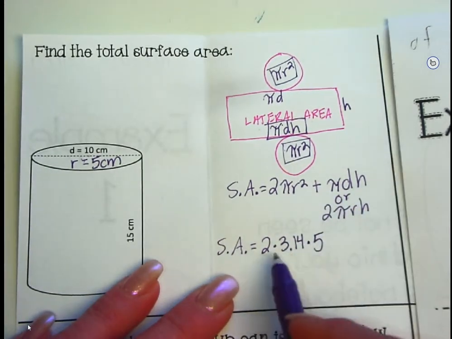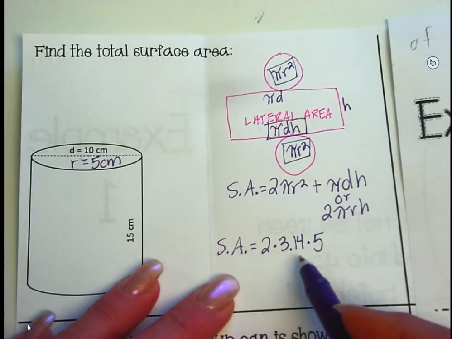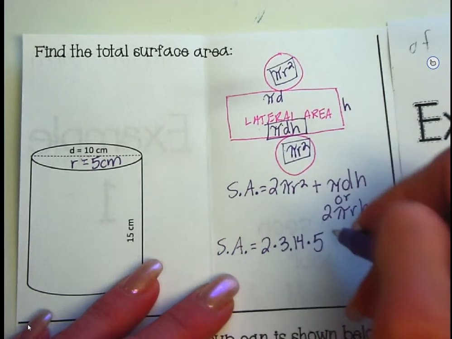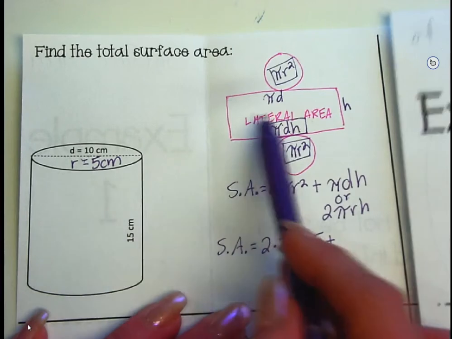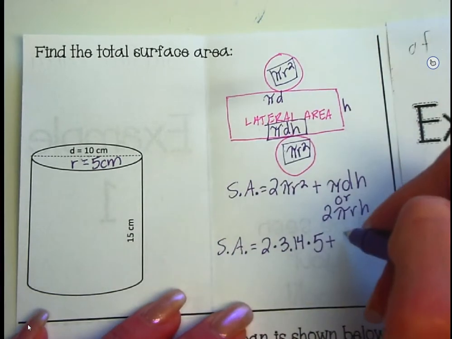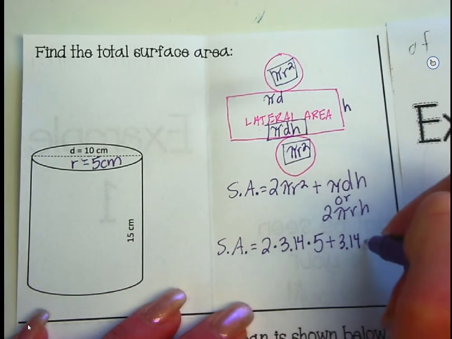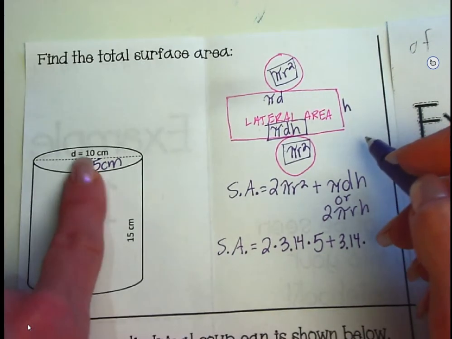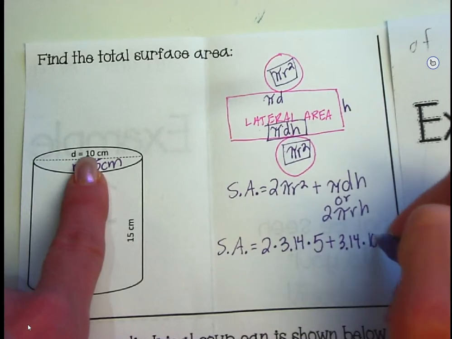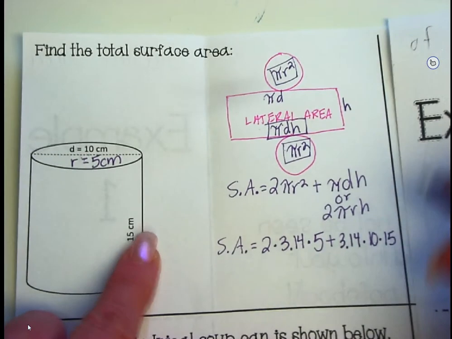So that's my two bases: just 2 times 3.14 times 5. And then for the lateral area here, I'm going to multiply 3.14 times the diameter, because I know the 10, times the height, which is 15.